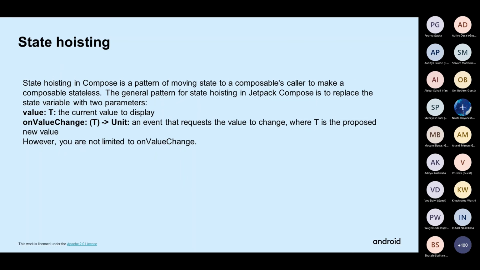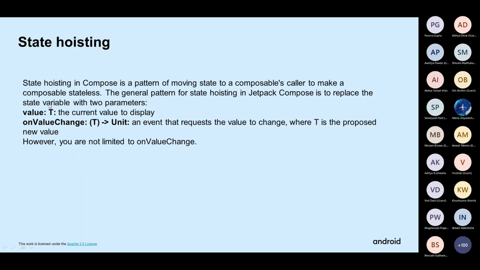And then there is one another important concept in state, that is state hoisting. What is state hoisting? State hoisting in Compose is a pattern of moving state to a composable's caller to make a composable stateless. Basically, we are making a composable stateless. The general pattern for state hoisting in Jetpack Compose is to replace the state variable with two parameters.